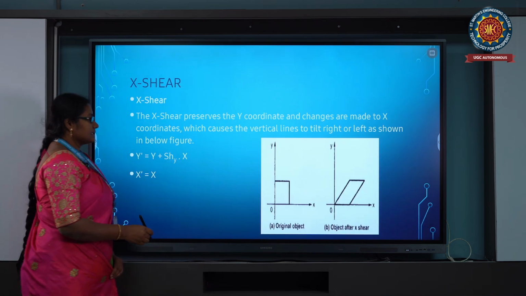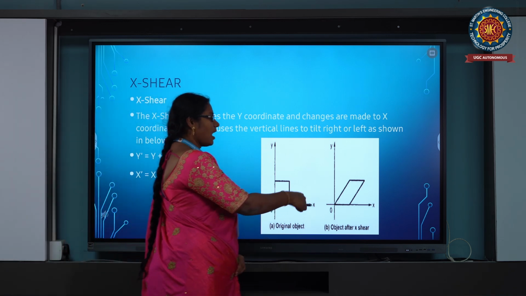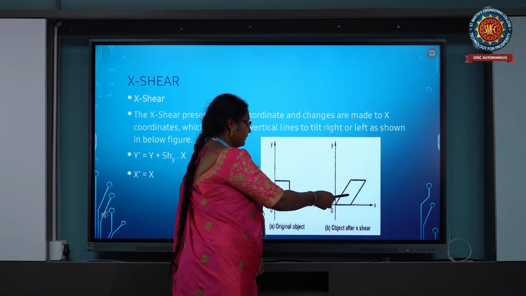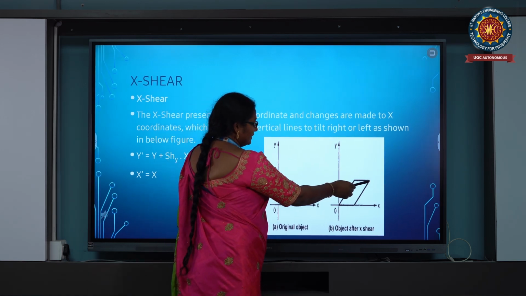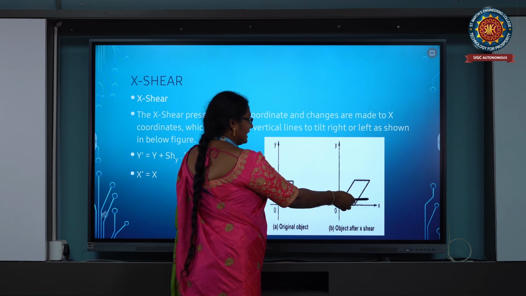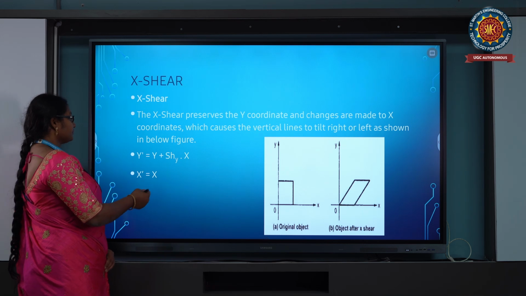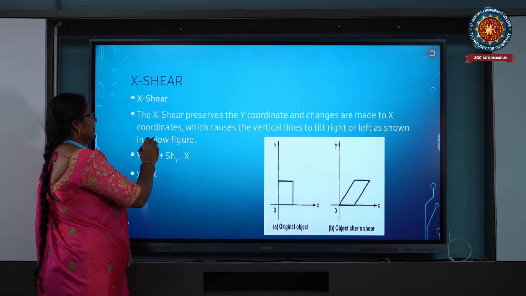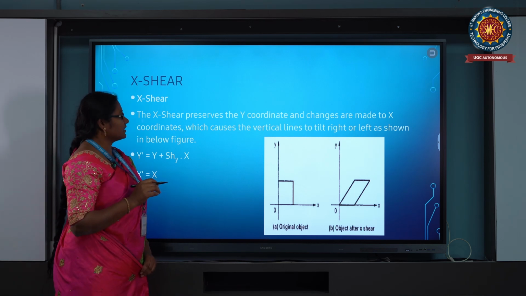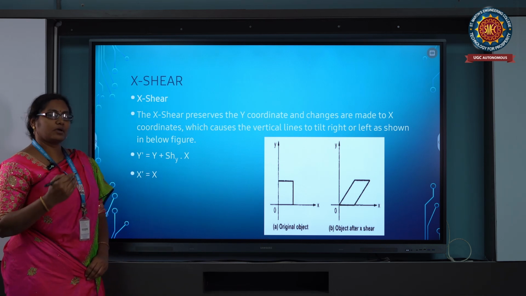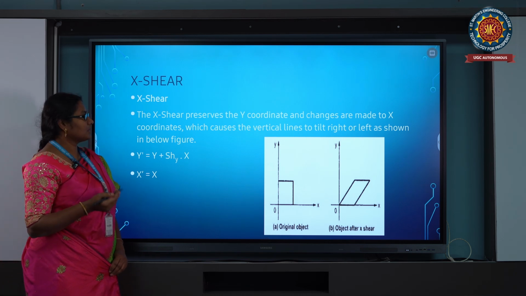Next, observe this image. This is the original object and this is the object after shearing. Here the coordinates are moving towards the x direction. This is x shearing. The x shear preserves the y coordinate. In the x shear transformation, we preserve the y coordinates and apply the shearing transformation to the x coordinate.